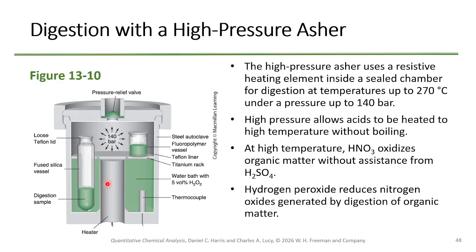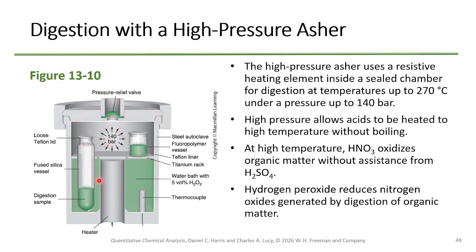The high pressure allows the acid to be heated to high temperatures without boiling it, so you can keep the acid in its liquid form at those high temperatures. The high temperature nitric acid oxidizes organic matter without assistance from H2SO4 in this case. Hydrogen peroxide is going to reduce the nitrogen oxides generated by the digestion of that organic matter.